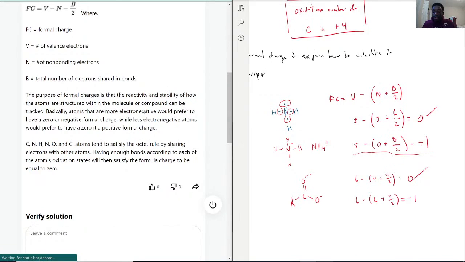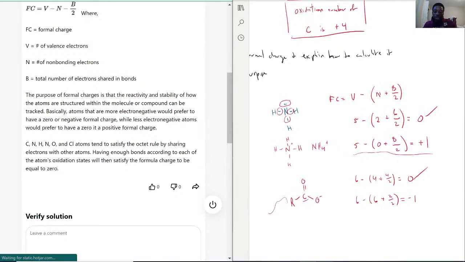And you can see it's still following the octet rule. Everything is still good there, but the negative charge just had to go somewhere, and that is the best place to keep it, because carbon still follows the octet rule, this oxygen still follows the octet rule, and everything attached to the R follows the octet rule. So that's what it means.